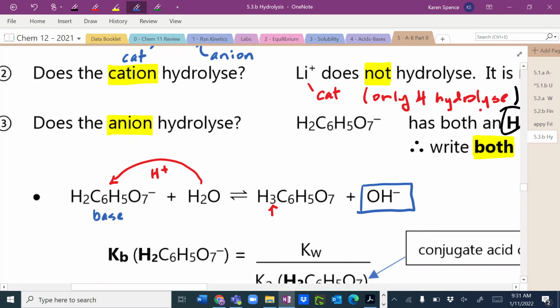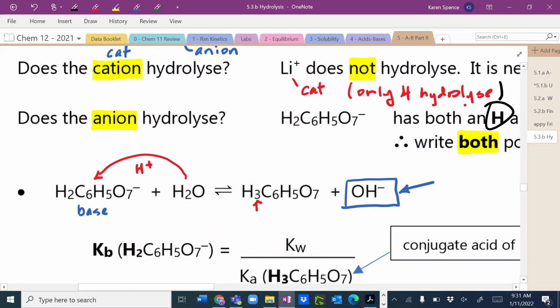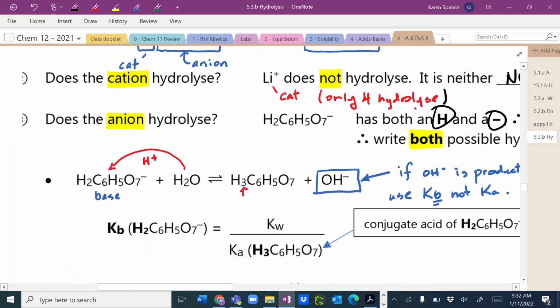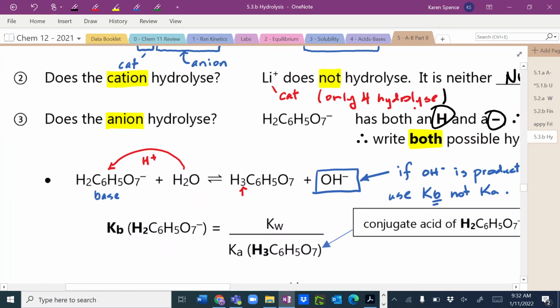Now we know that we're going to have to do an acid, so we might as well calculate our Kb here. How do I know I'm calculating Kb? If OH is a product, you'll be using Kb, not Ka. And that's, of course, for weak bases. Strong bases don't have a K, they just go to completion.